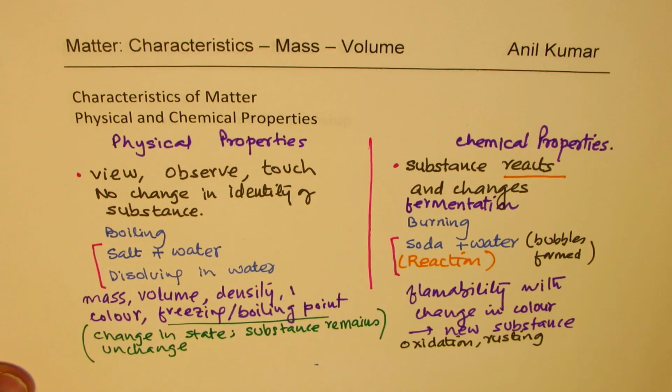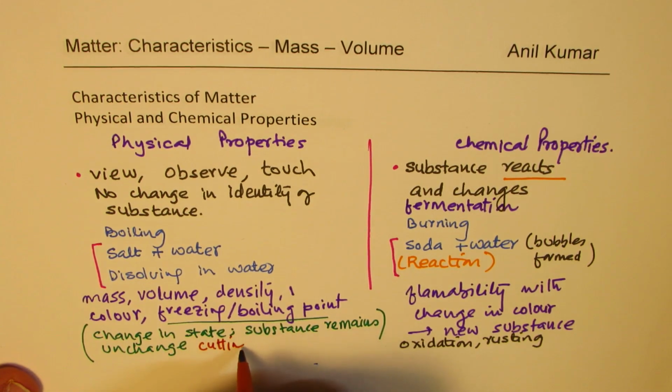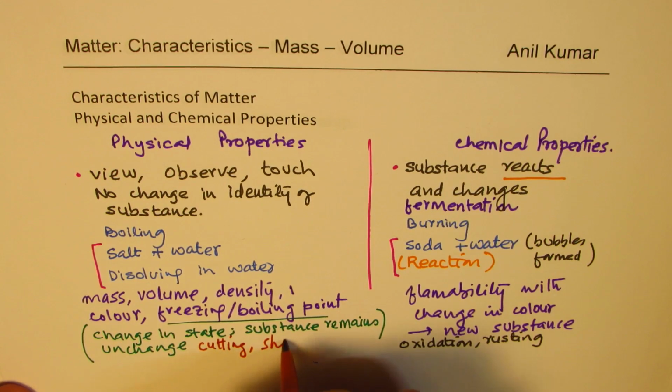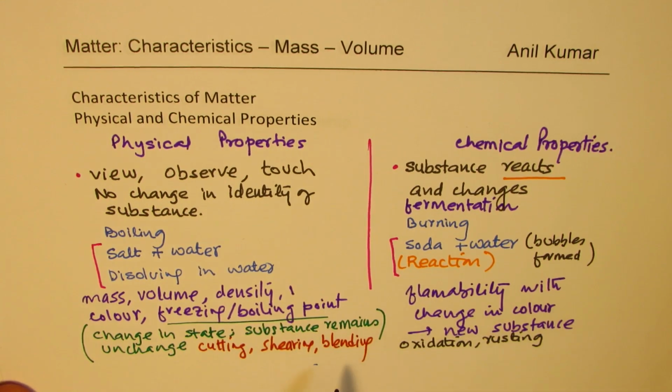Now there are some more. Let's say you're making a smoothie, right? Blending. So if you have cutting, shearing, or blending, and you make a blend of strawberries and blueberries, then really there is no chemical change in it.